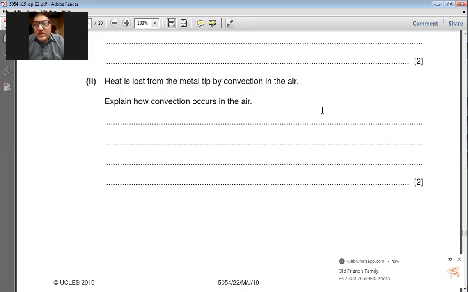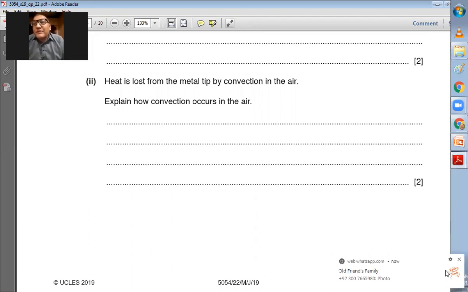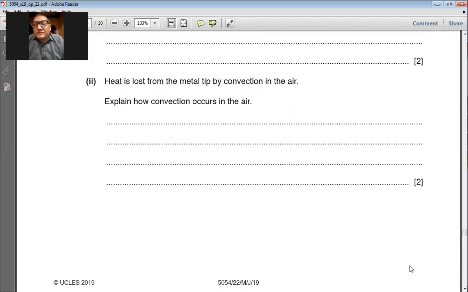This less dense air will rise upward, and the cold and the dense air will sink downward. This will set up convection currents in the air, and by the convection currents, the heat will be transferred and taken away from the metal tip. So this is how the convection currents are set in the air.